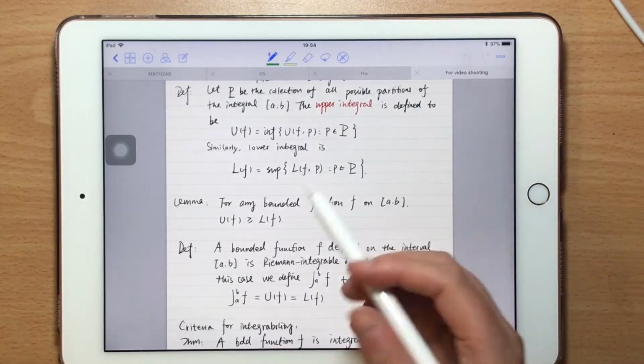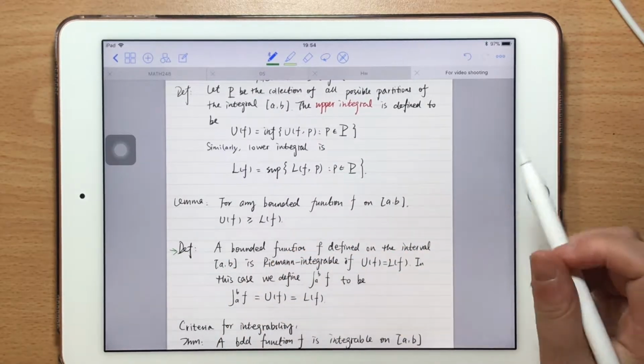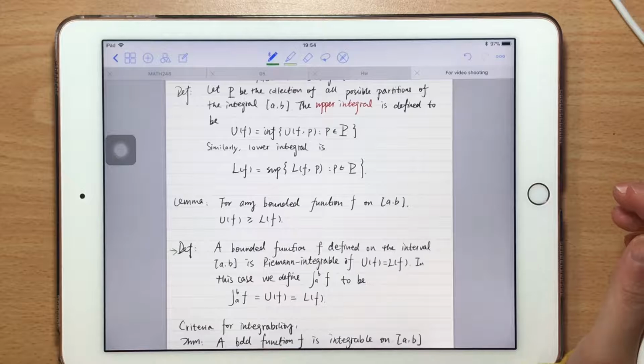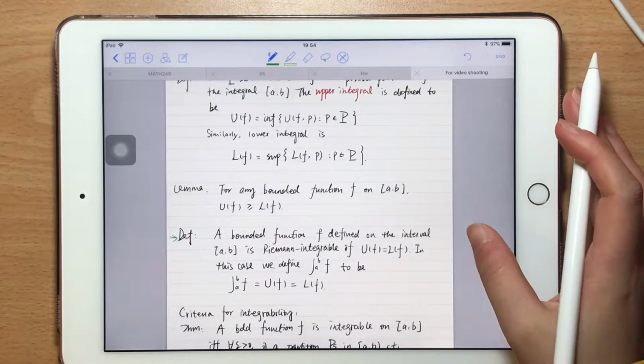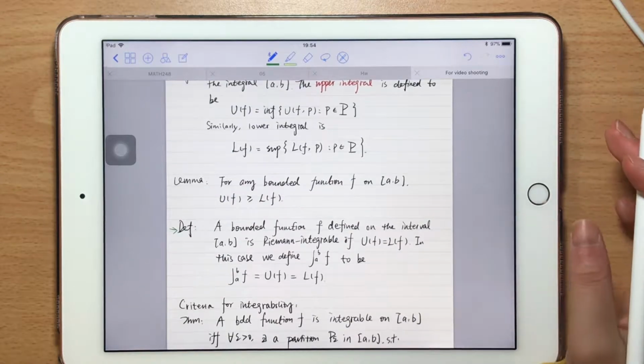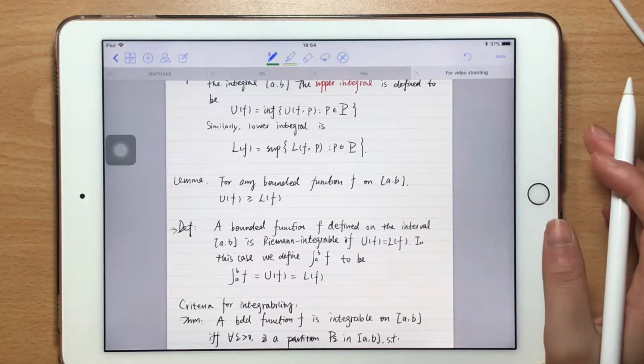And this is actually how we define the Riemann integrability, or how we define the integrable function.